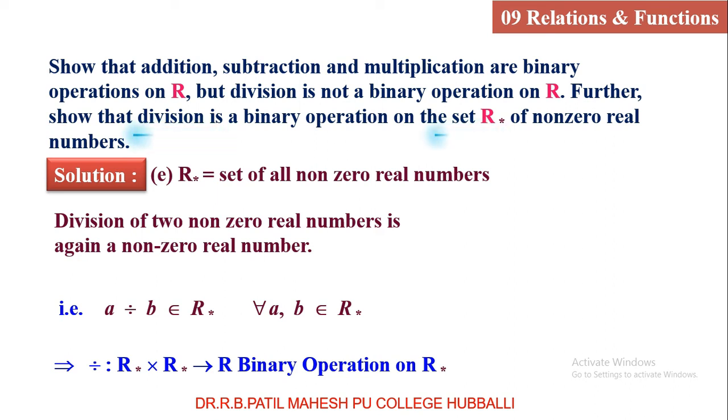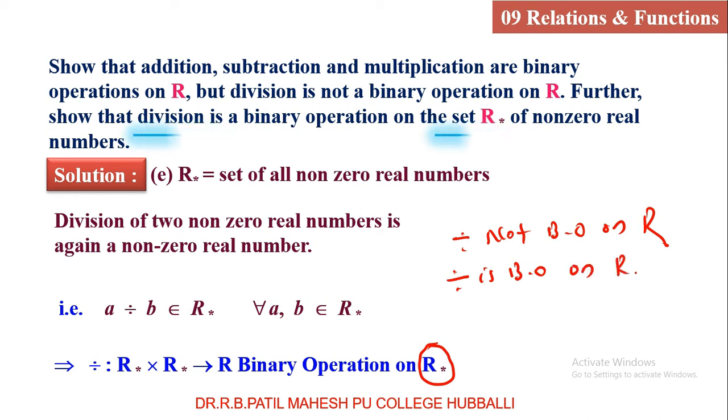Look at the set here, non-zero real numbers. Division is not a binary operation on the set of real numbers, but division is a binary operation on the set of non-zero real numbers. Try to understand, it is a binary operation only on non-zero real numbers.